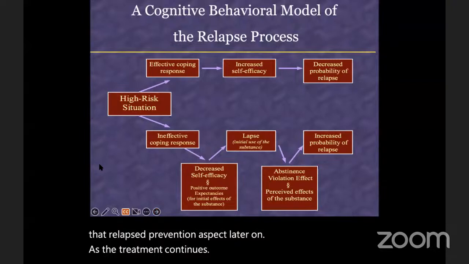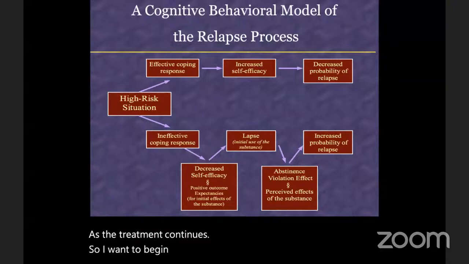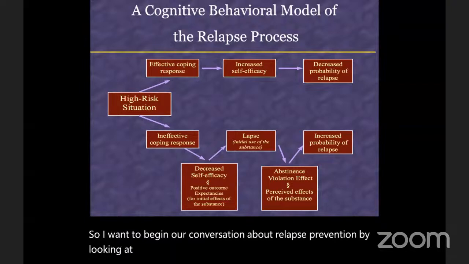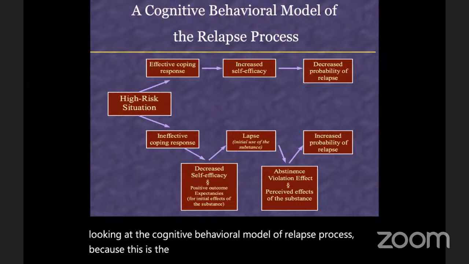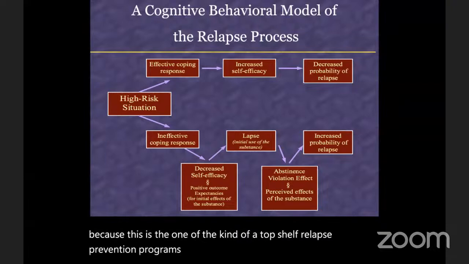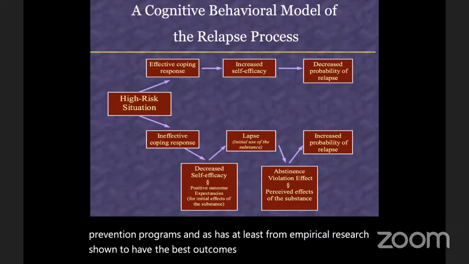So I want to begin our conversation about relapse prevention by looking at the cognitive behavioral model of relapse process, because this is one of the kind of top shelf relapse prevention programs, and has, at least from empirical research, shown to have the best outcomes when it comes to relapse. Okay.